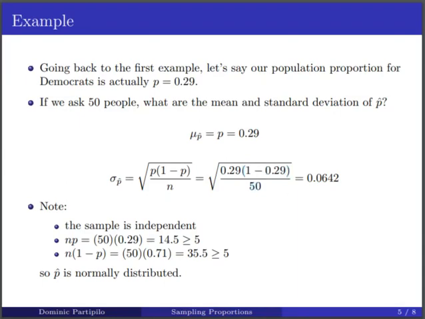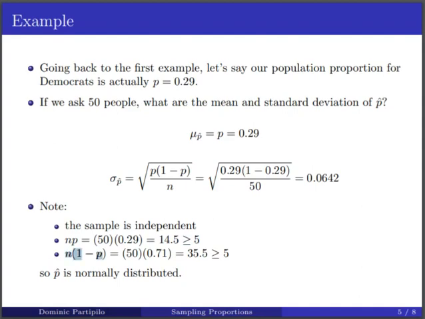And that'll give us 0.0642. And then to check our conditions, we declared earlier that we were talking to people randomly, so this sample is going to be independent. And then for the second condition, n was 50 and p was 0.29, so n times p is going to be 14.5, which is greater than or equal to 5.